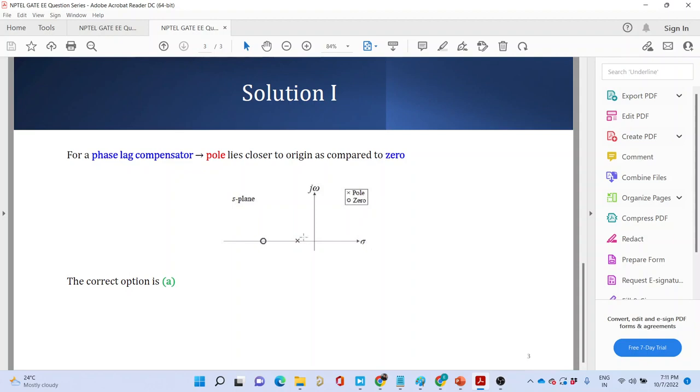That is, the angle contributed by zeros minus the angle contributed by poles should be negative. Correct. So the poles should be farther away. Okay, sir. Understood. What is the problem? Yes, there is a negative part of this.